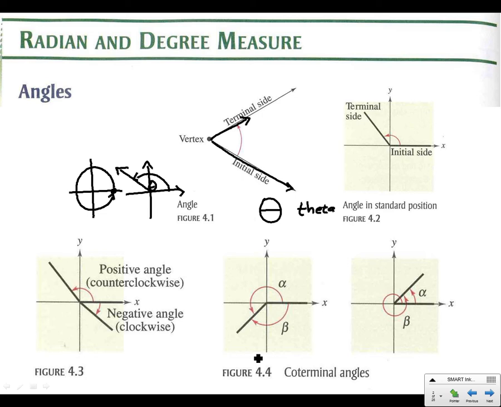We're always going to say that the initial side starts on the positive x-axis. If we're moving in the counterclockwise direction, we're going to call that a positive angle, and if we're going the opposite direction, we're going to call that a negative angle.